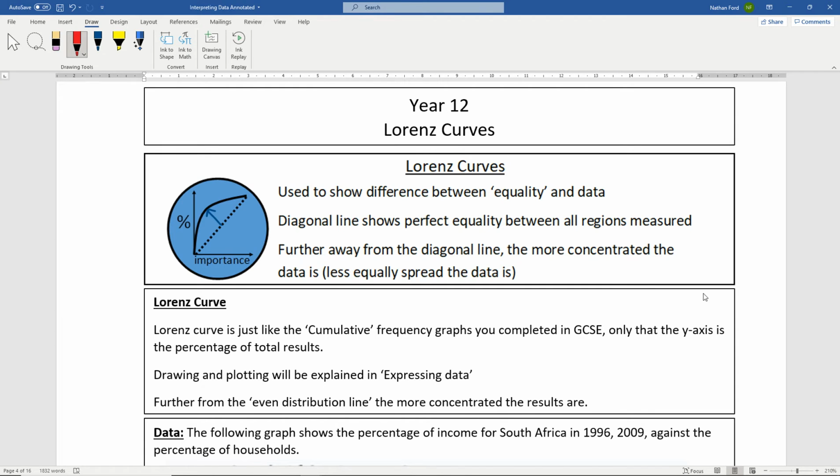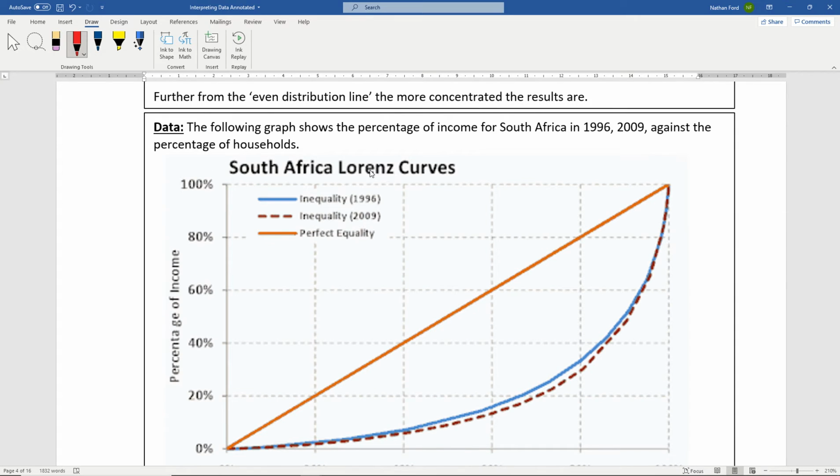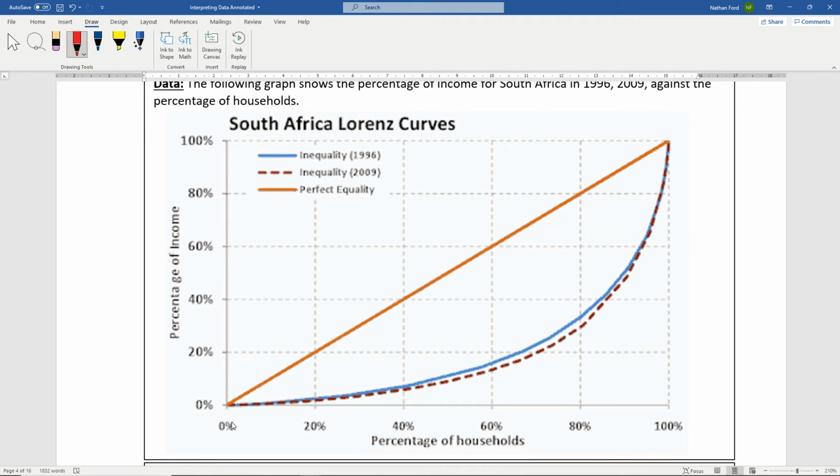But let's look at our first one here. There's one question I'm going to show you, then I'll let you do your own. Here's a Lorenz curve to show, again, a lot of this will come back to inequality and equality, especially in income. This is for South Africa in 1996 to 2009 against the percentage of households. We have percentage of households across the bottom and percentage of income.